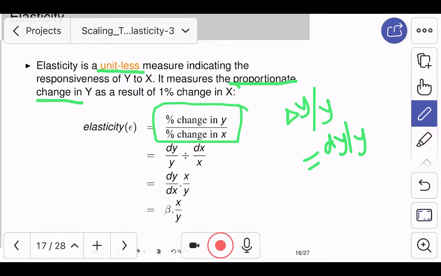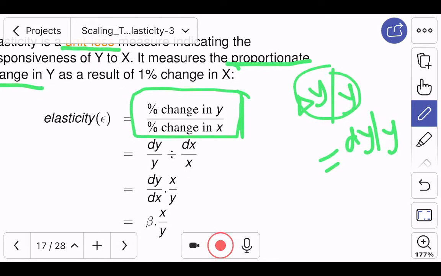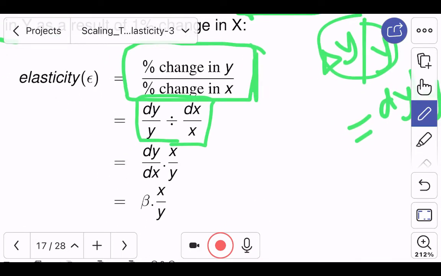But if we do that, we can write this ratio between the two proportionate changes in terms of what you see here, for small changes. But if you rearrange that, it's going to give you this. Now we have something we recognize.